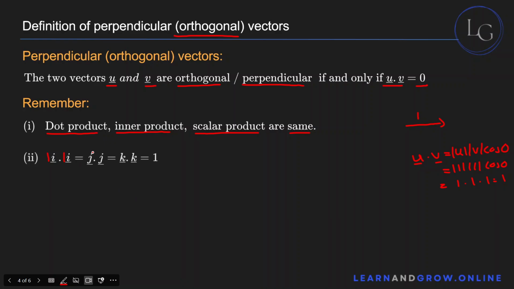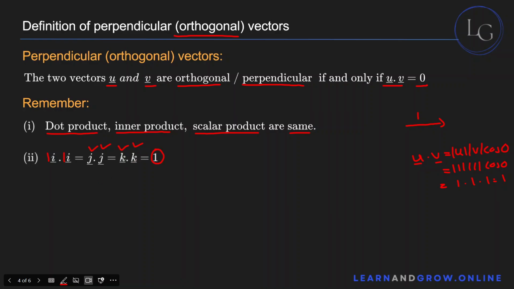And the same goes for j into j, k into k. They're parallel vectors of one magnitude being multiplied with each other in the same direction. The i and i are on the x-axis, j and j on the y-axis, k and k on the z-axis. So they all give you the same result of 1.